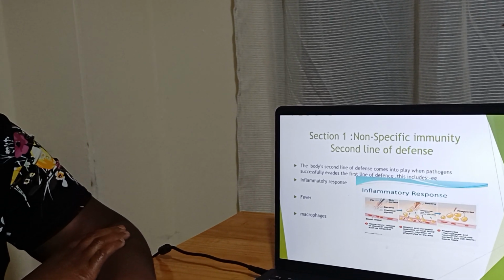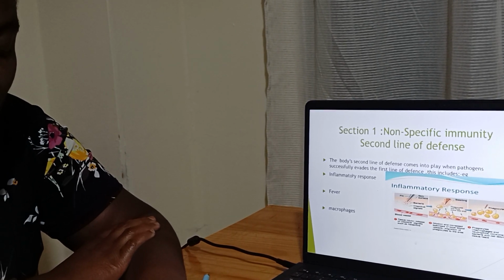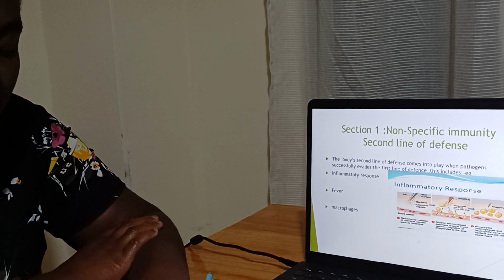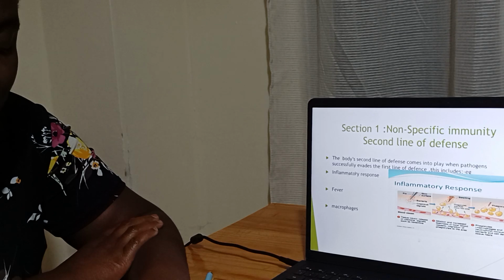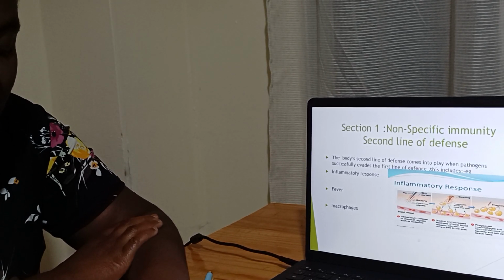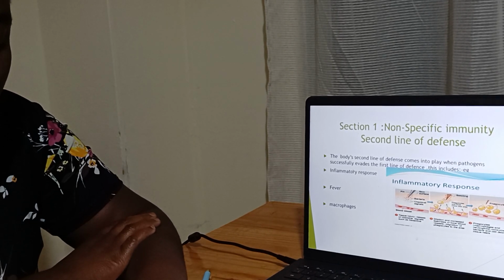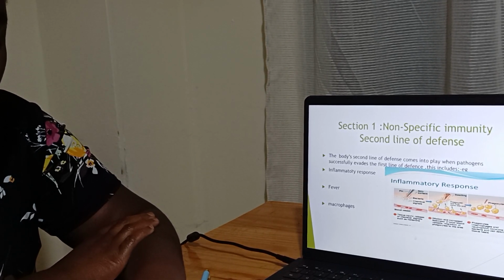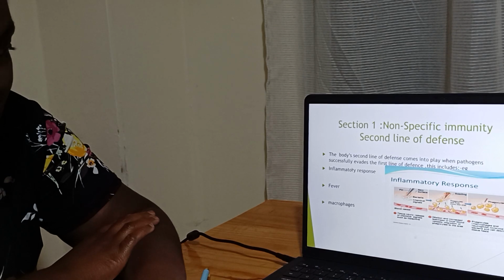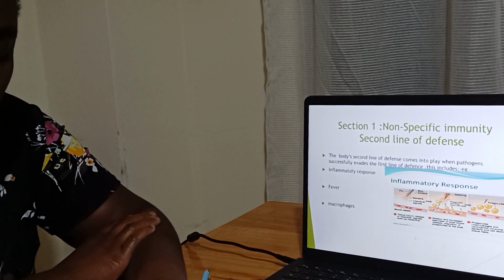So upon injury or infection, tissue releases histamine, which causes the dilation of blood vessels, and white blood cells leak from the vessels to invade the infected tissue. These white blood cells, called phagocytes, engulf and destroy bacteria and then help to heal the tissue.